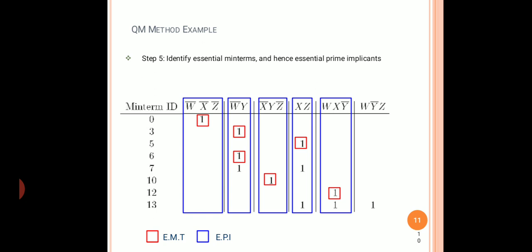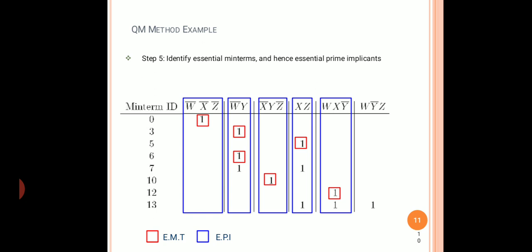What about W bar, Y? Once you find the final answer, you have to check whether all the min terms given in the question are included or not. There should not be any min term remaining. That means if you don't include W bar, Y, then min term 6 will not be included, right?